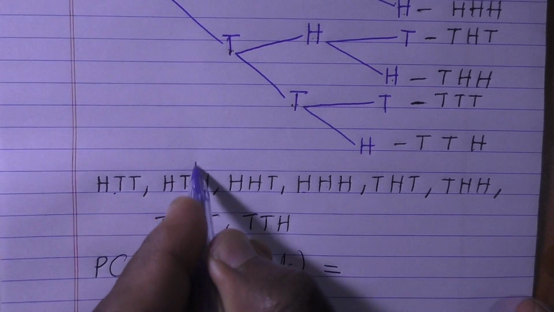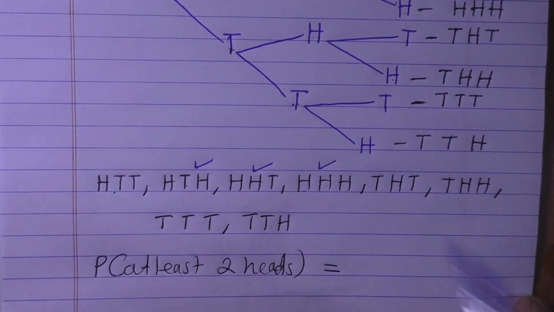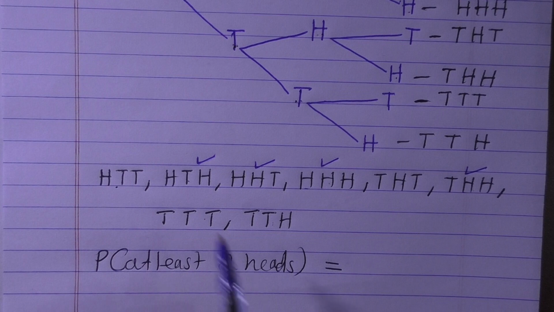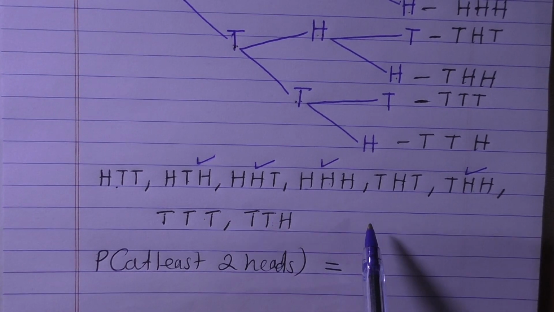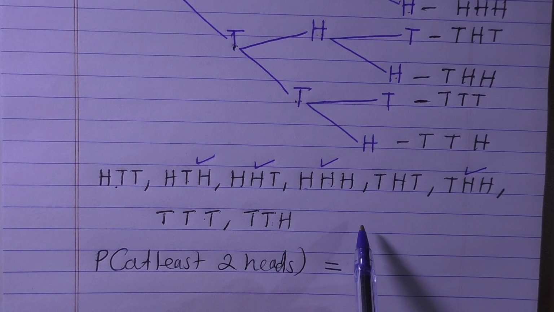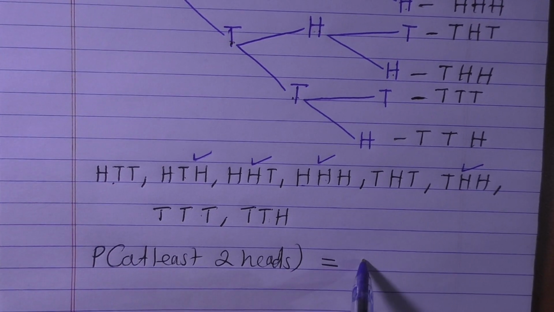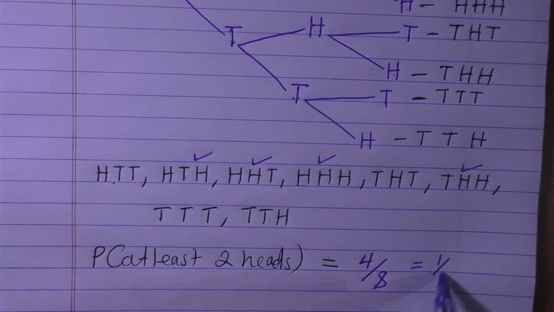So this is 1, this is 2, even the 3 heads, this is 4. So that's where we have at least 2 heads. So that gives us 4/8, which is a half.